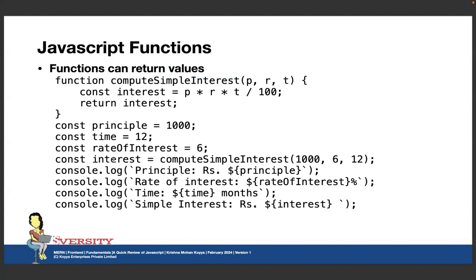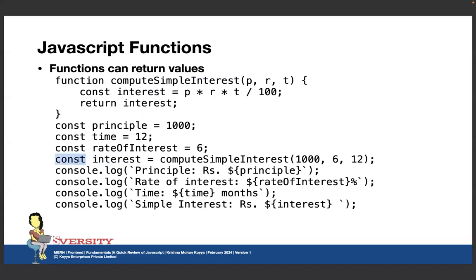Now I want to call this function somewhere here. To call it, either I declare these values here and refer to them, or I can hard code them like this, one of the ways. Now, because I'm directly calling with 1000, 6, and 12, this part of the code is redundant. And because this function is returning the interest, we need to store that in some constant or variable.